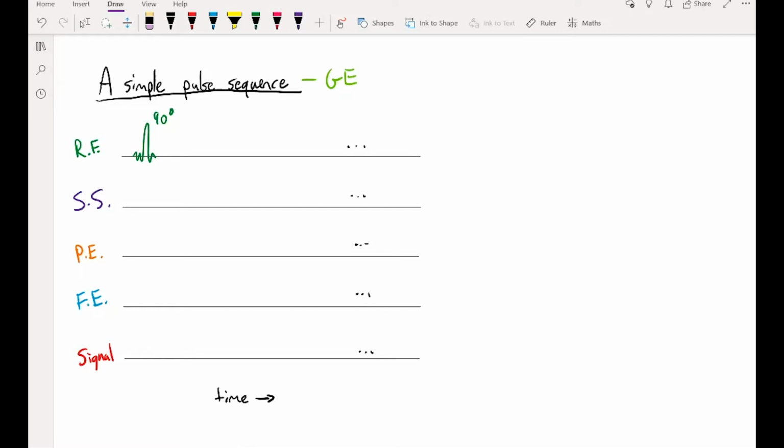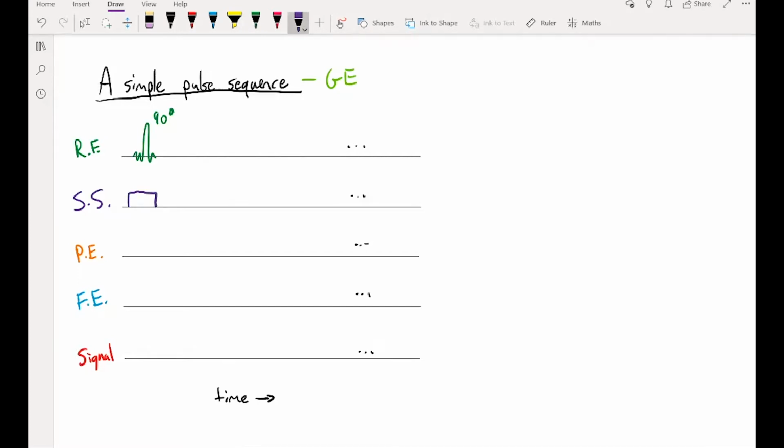Okay, so in order for this 90-degree pulse to actually mean anything to us, we don't want to tip the NMV from the entire brain, right? So we're going to be applying a slice selection gradient at the same time as the radio frequency pulse. And how I'm going to represent that is with a box.